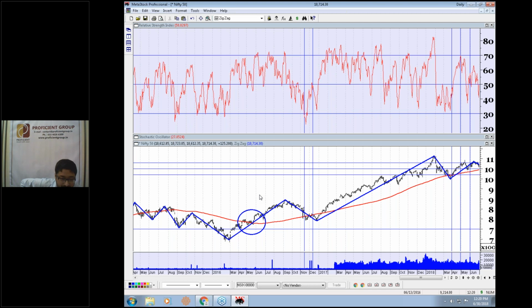The second important thing is that the last lower top was in the third week of October 2015 at around the level of 8,300, and this top was also surpassed.